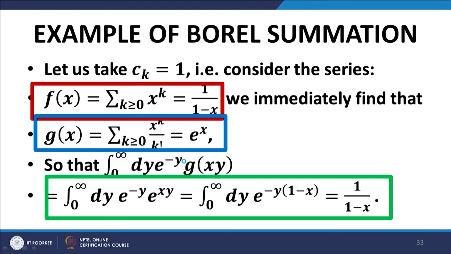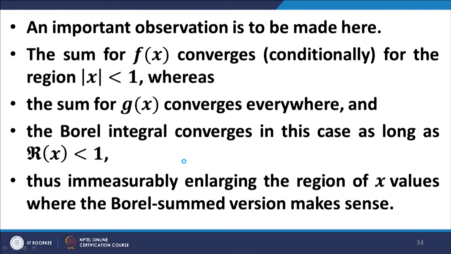The integral dy e^(-y) g(xy), if you work it out, gives 1 upon 1 minus x. So our Borel summation gives us the same answer as we would expect in the normal course of events. However, the Borel summation has given us a certain advantage. Let us look at that.